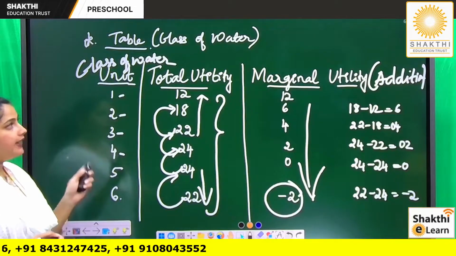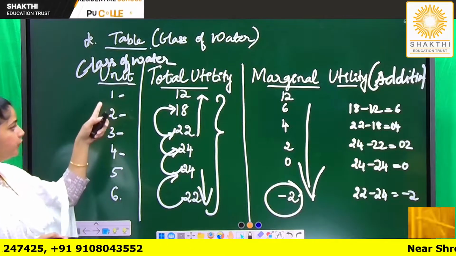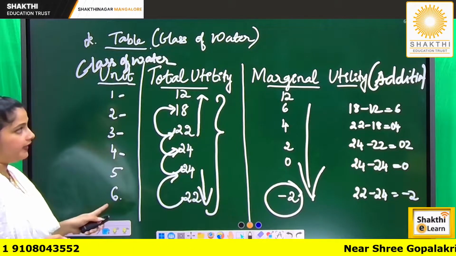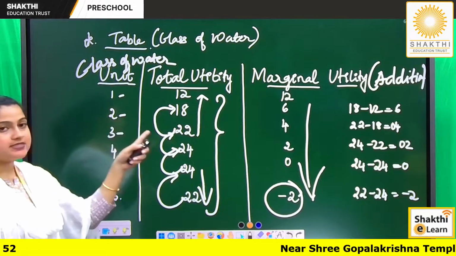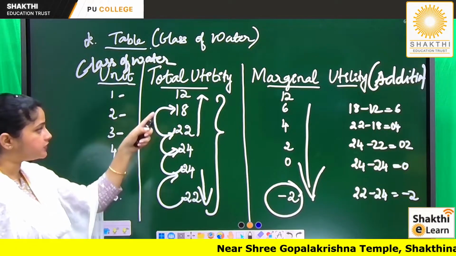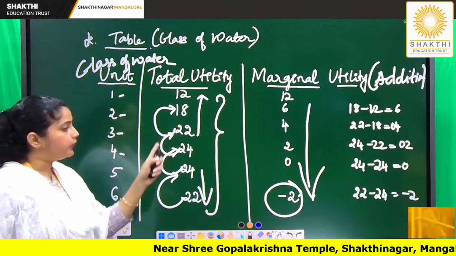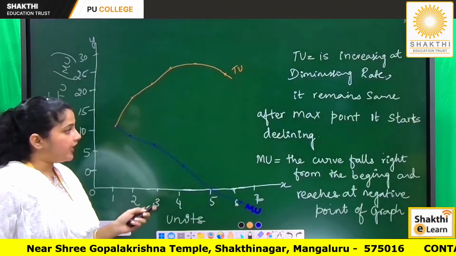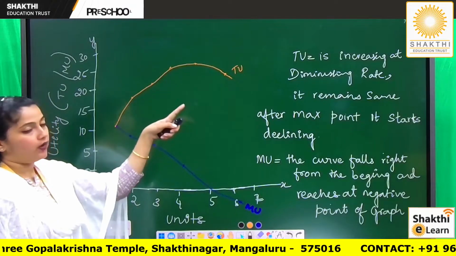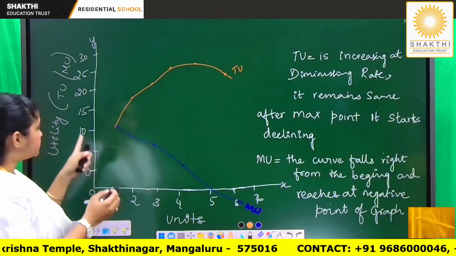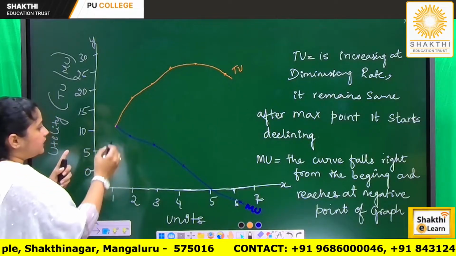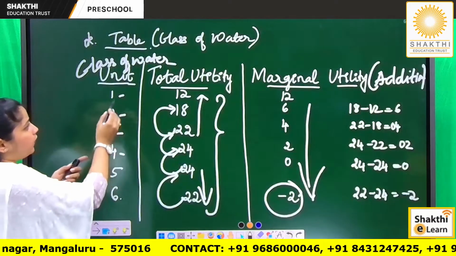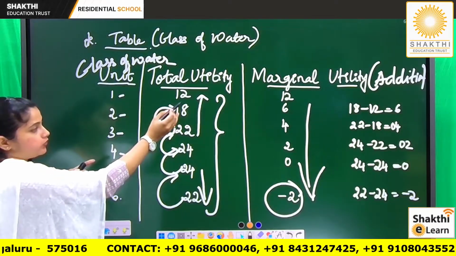Now going back to the table, for units 1, 2, 3, 4, 5 and 6, there is some amount of total utility, that is 12, 18, 22, 24, 24 once again, and 22. In the same way, you are supposed to mark on the graph. For 1 unit you are going to get 12 total utility, isn't it?